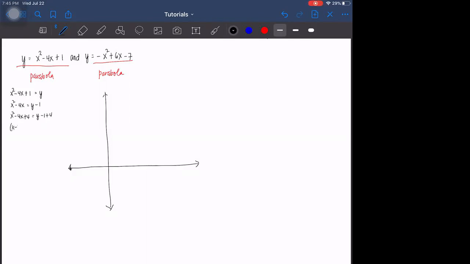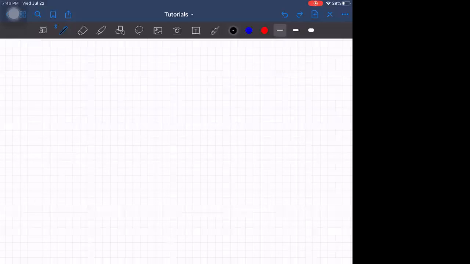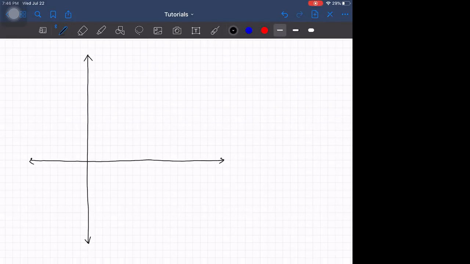So (x minus 2) squared equals y plus 3. It opens upward, and the vertex is at (2, negative 3). Okay, 2, negative 3.